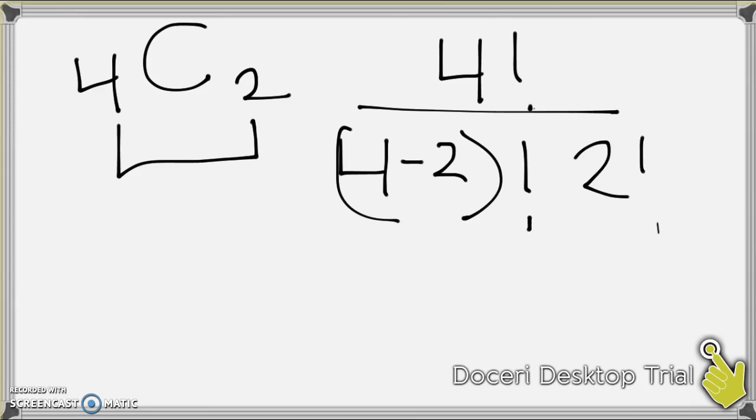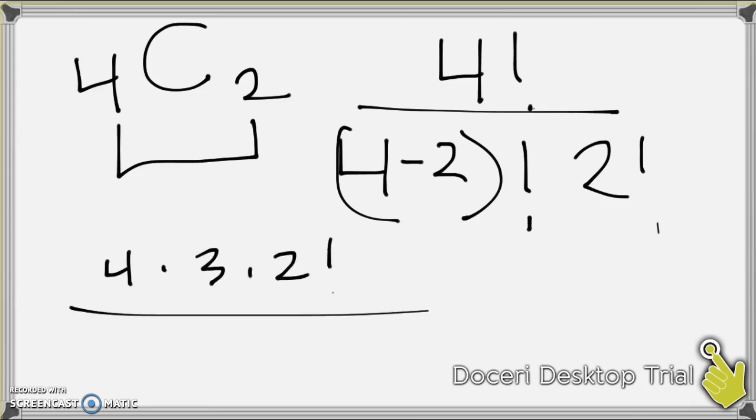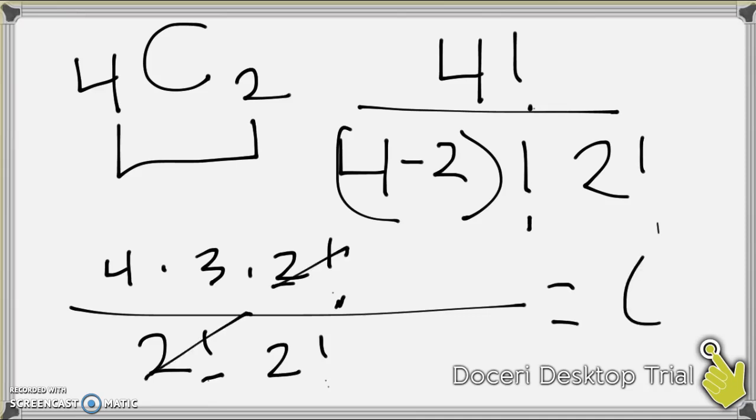So 4 times, I could simplify this and say 4 times 3 times 2. I would stop there because I have a 2 on the bottom. Really, I have 2 factorials of 2. Only one of them will cancel out. So I end up with 12 over 2, which is 6. So there are 6 ways to select 2 cards of a specific denomination.